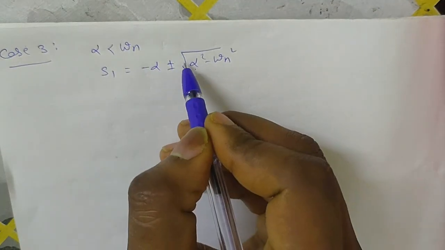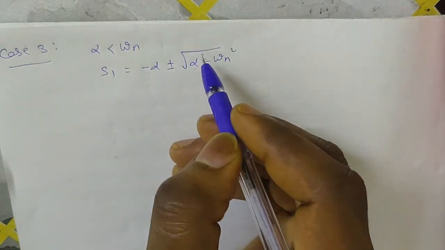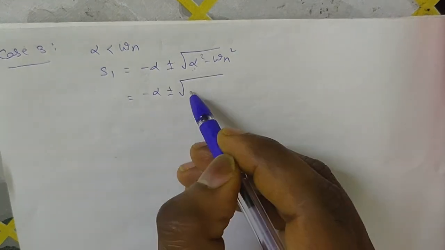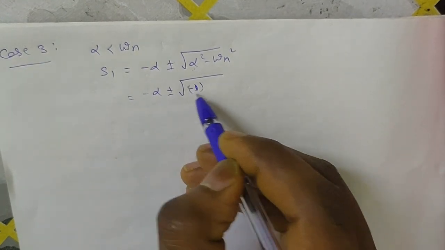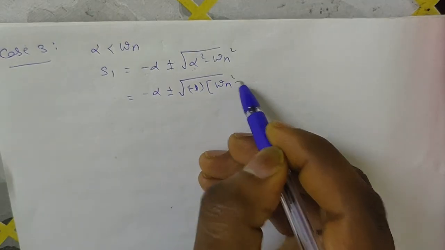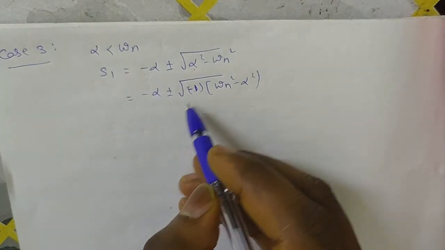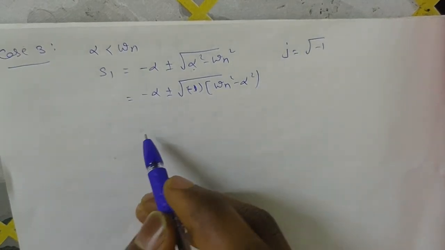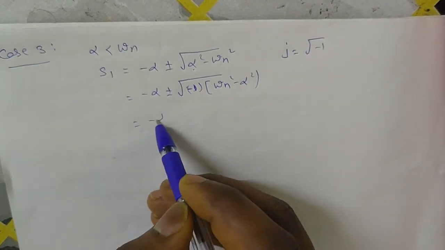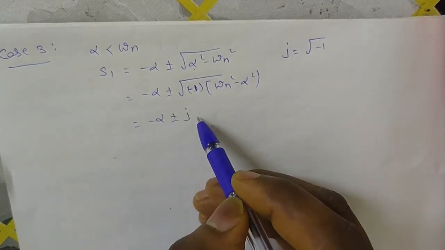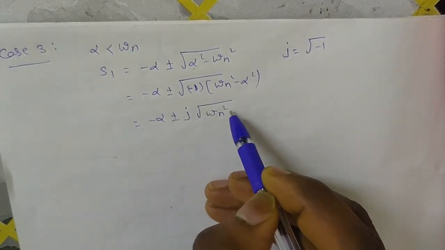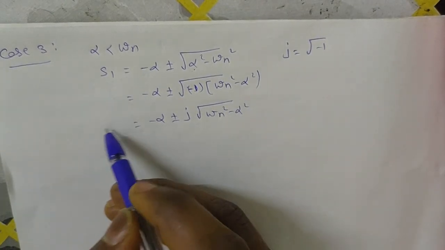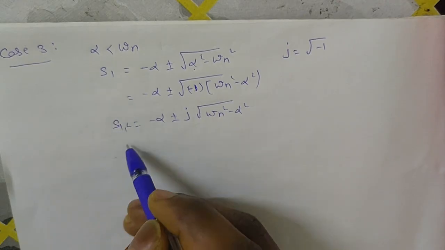So if you take the negative outside, under root, it will look like minus alpha plus or minus under root of minus 1 times omega n square minus alpha square. This minus 1 under root is the j value. Then minus alpha plus or minus j under root of omega n square minus alpha square. These are the first root and second root.